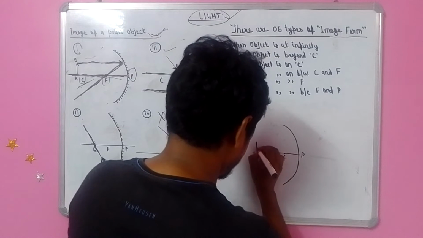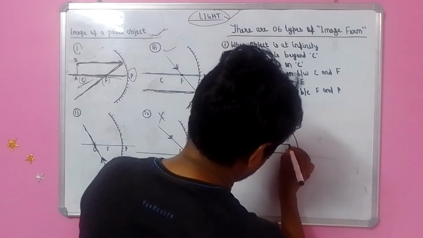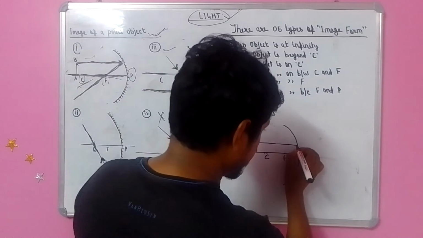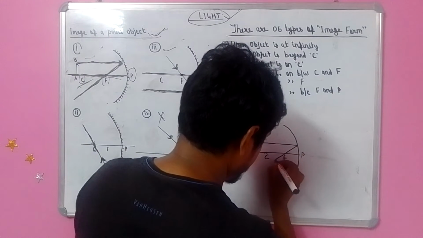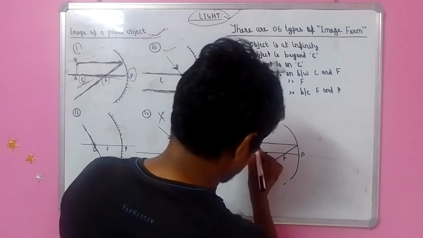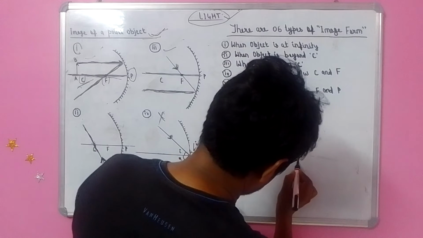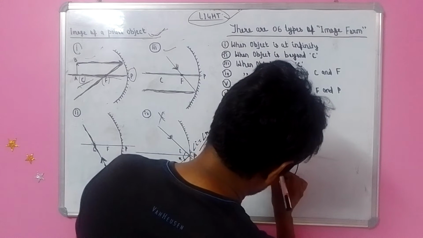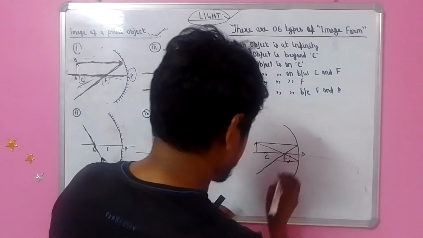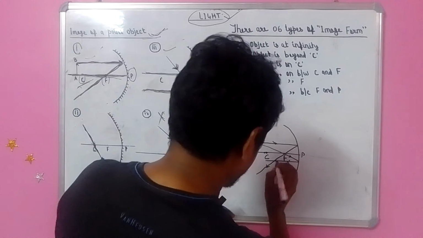Suppose here is the object and it travels along the principal axis. After reflection it passes through the focus, and after reflection here, the image will be formed here.